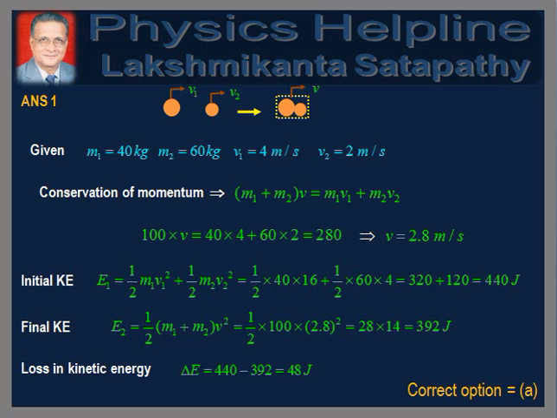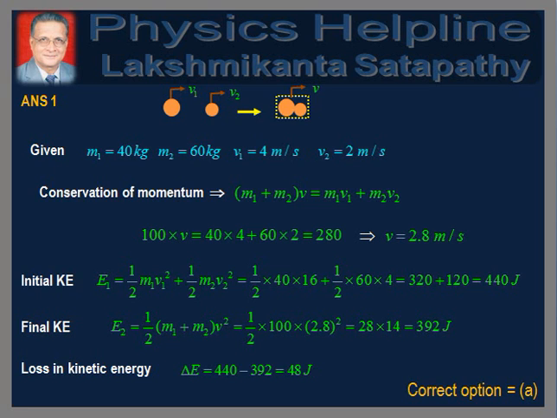Now, initial kinetic energy of the system is equal to half m1 v1 square plus half m2 v2 square, which is equal to half into 40 into 16 plus half into 60 into 4, which is equal to 440 joules.